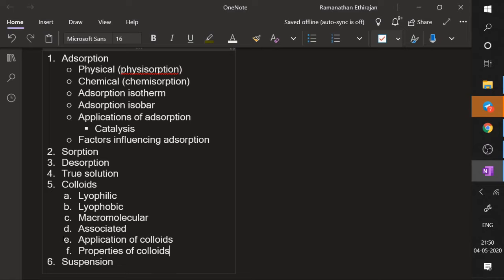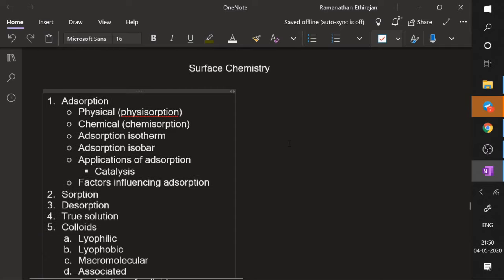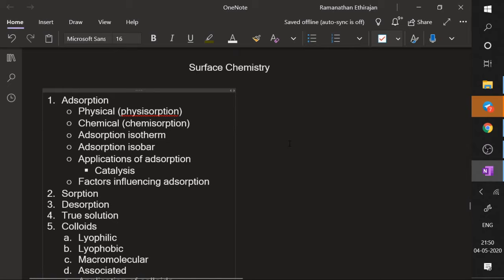In fact, colloidal chemistry is a separate topic. Anyway, this is brought under surface chemistry. So this is the overview about this topic. Let me explain one by one.